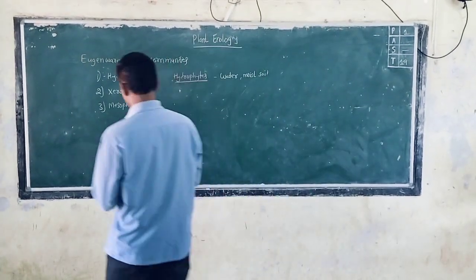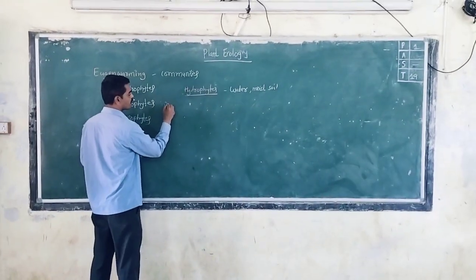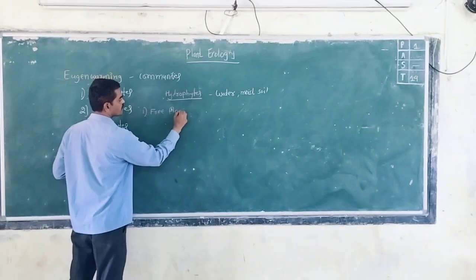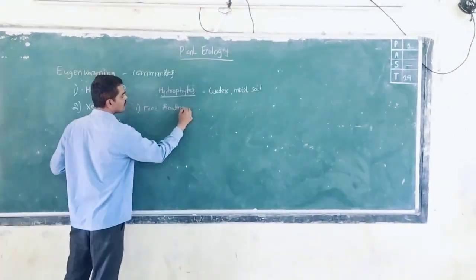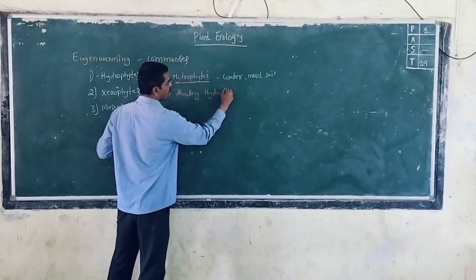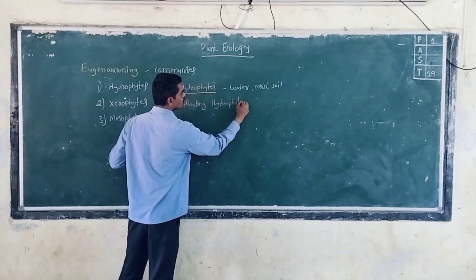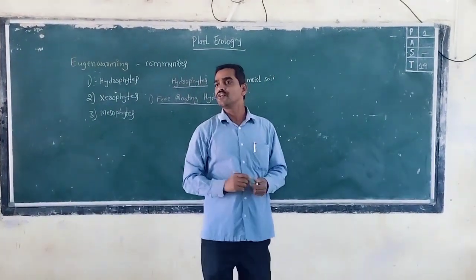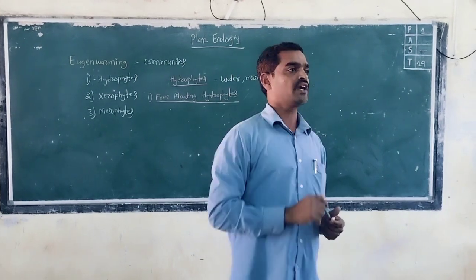Number one is free floating hydrophytes. So what are free floating hydrophytes? These are generally free floating on the water surface.